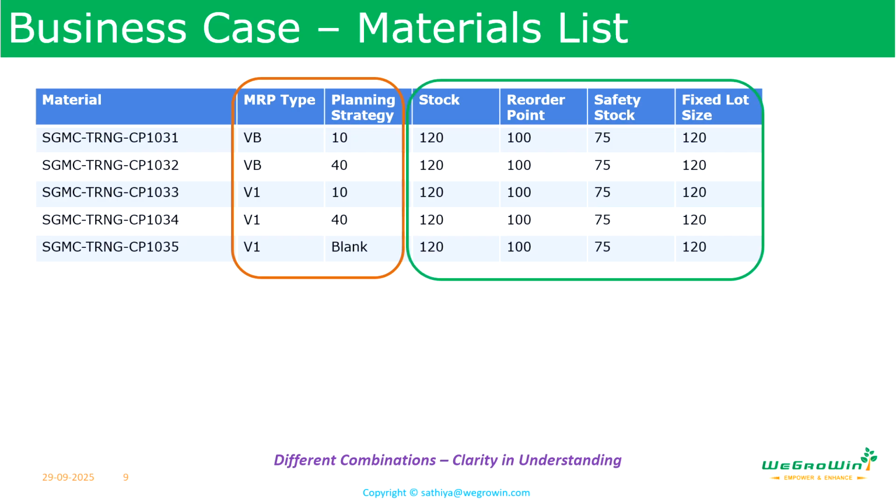Please note that the material master parameters for planning are kept the same for all materials. Also, we kept the opening stock and requirements from production orders the same for all these 5 items. This will help us to understand the real impact of the combination of MRP type and planning strategy on planning and procurement proposals when we have dynamic requirements.